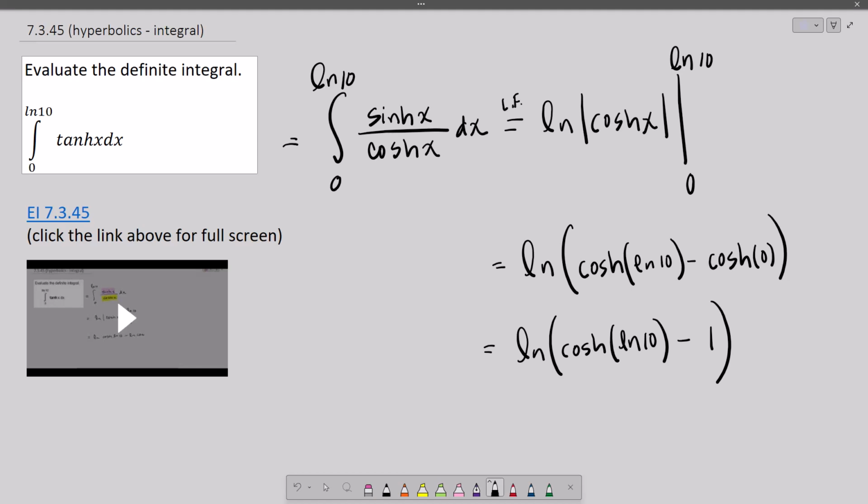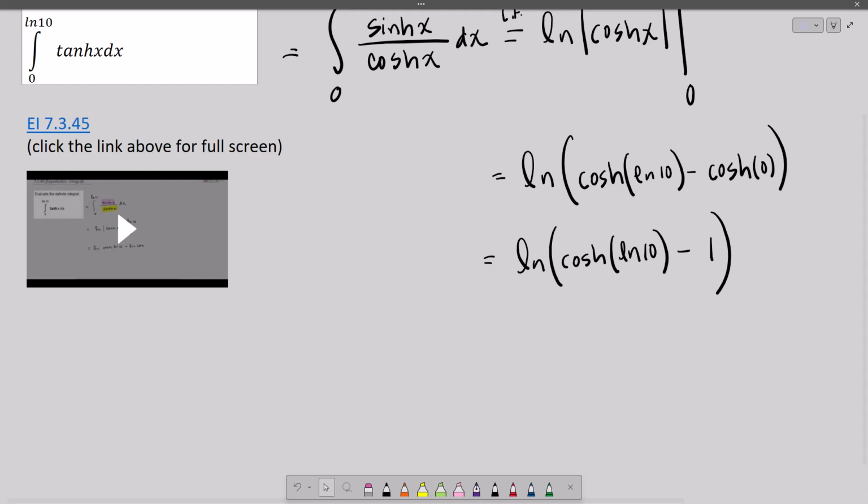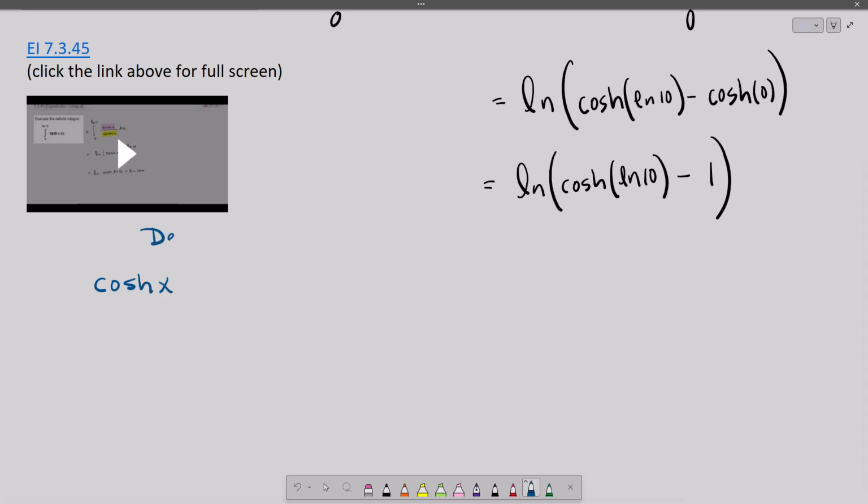Now on the homework, and again, I'm not going to ask this on the test, there is a way to simplify cosh of natural log of 10 if you go to the definitions of cosh and sinh. The definition of cosh is the thing that uses the exponential functions, where we average exponential growth and decay. If someone says, what's the definition of cosh?